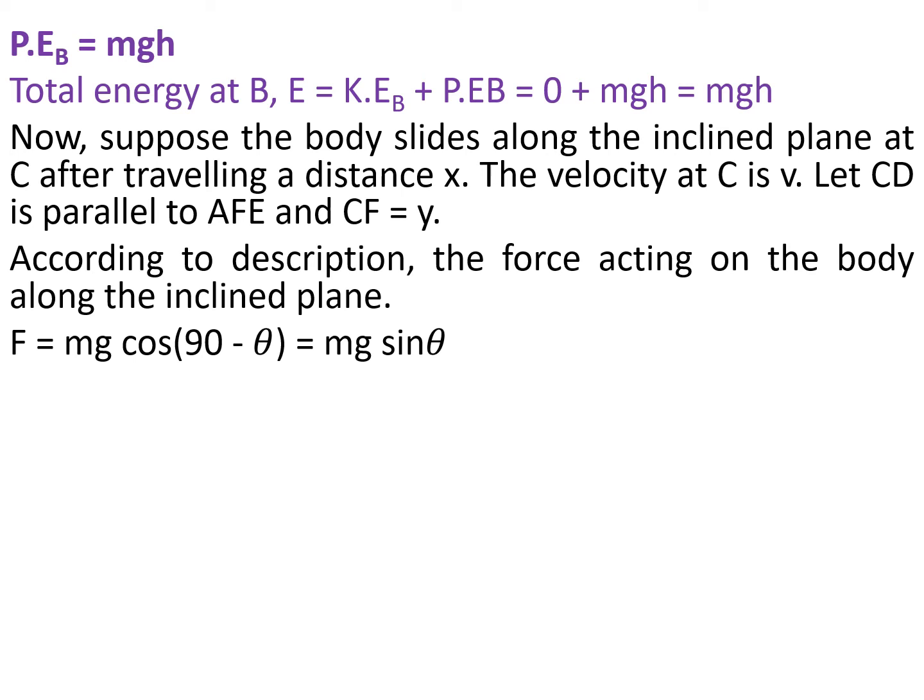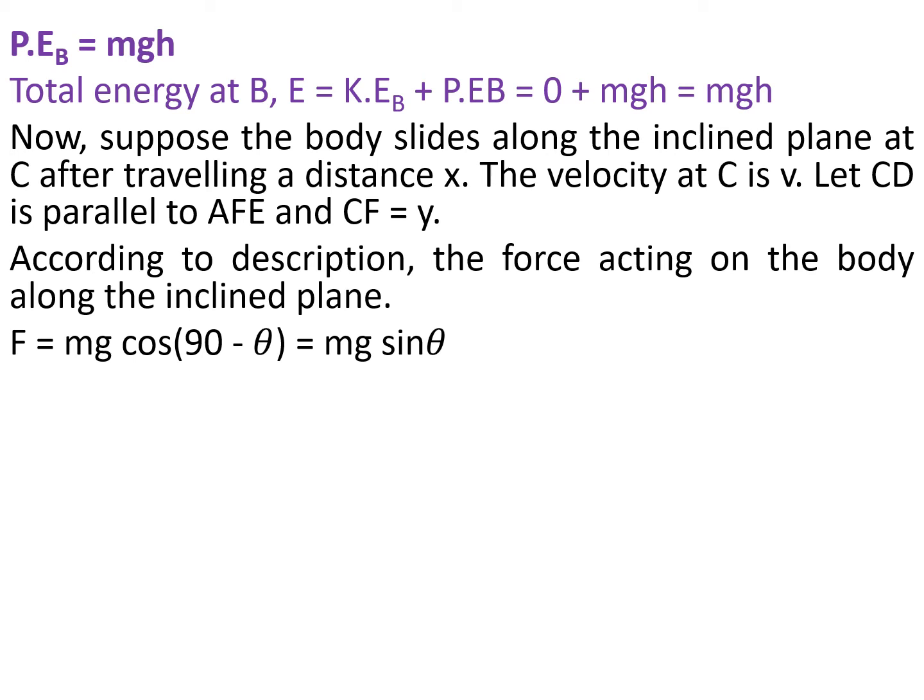According to the description, the force acting on the body along the inclined plane is F equal to mg cos(90 minus theta), which is mg sin theta. Along the inclined plane, the force is mg sin theta, and it comes from the weight of the body.